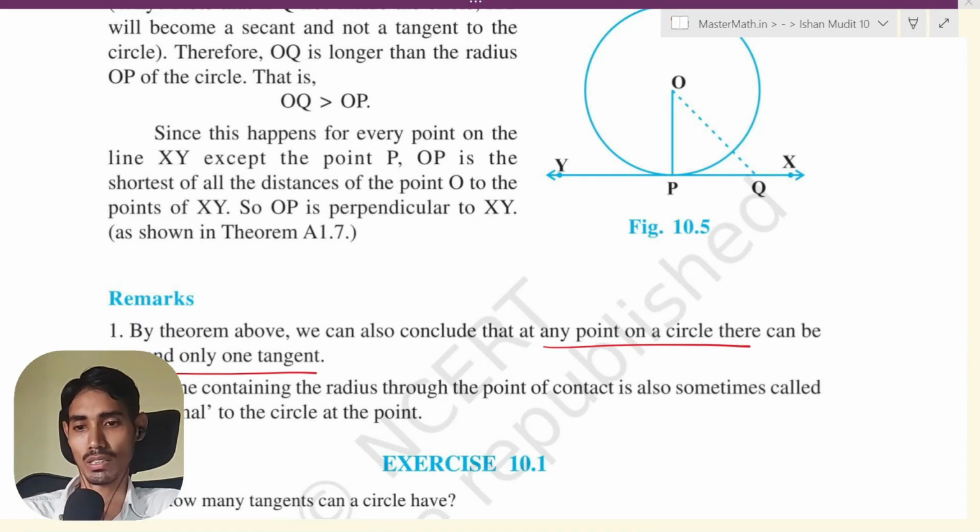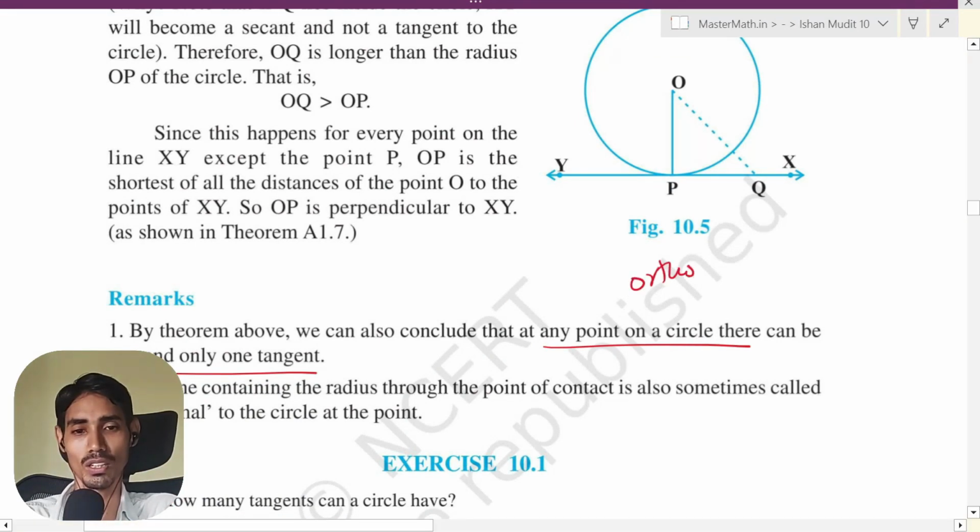I hope that is not difficult. The line containing the radius through the point of contact is also sometimes called the normal. Anywhere in math you get this word normal, and normal is normally 90 degrees. There is also the word orthogonal, although in medicine it refers to bones.